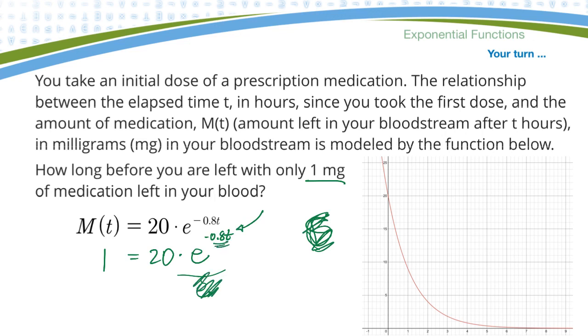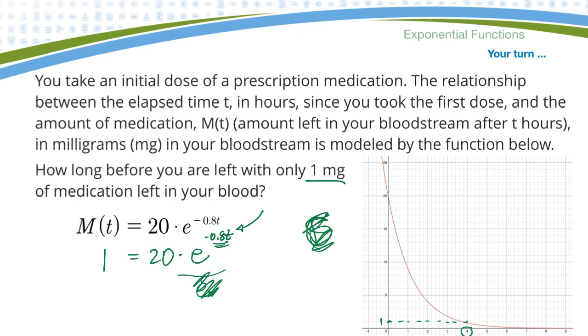So you can't use that tool here. What you could have done, like in that last question, they said how much is left in your blood after 4 hours. You could have gone to 4 and read up at that point and gone off to the side and said, well, that's maybe about 1 milligram, maybe just a little bit less. And it turns out that that's what the answer was, just a little bit less than 1.